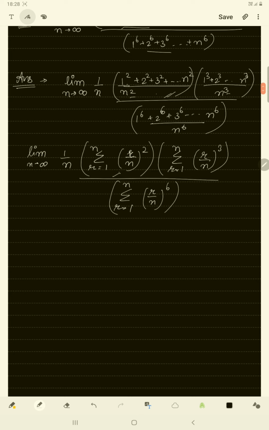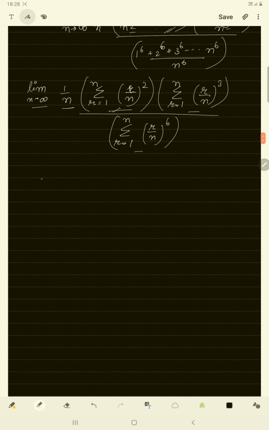Now I'm going to simplify this further. If you are quick to notice, we have three terms to be converted into the integration sign, and for the three terms individually we need a 1 by n and a limit. So I'm going to multiply by another 1 by n, and another 1 by n in the denominator. The reason I'm doing this, let me show you.